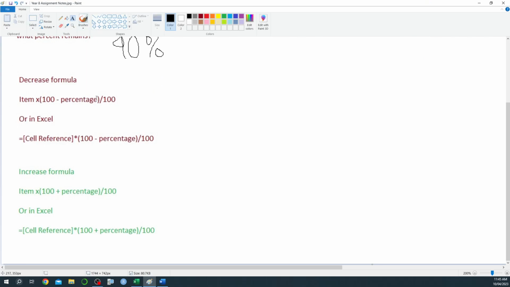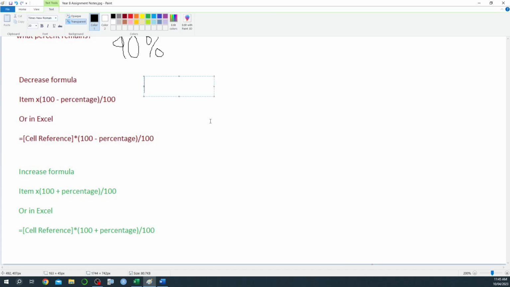Okay, so I'm going to work out the part in the bracket. So we've got 100, that's everything, minus 20, divided by 100. Okay, so remember that slash means divide by. I don't have a divide sign on here.